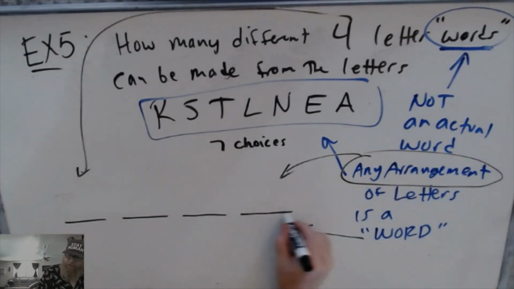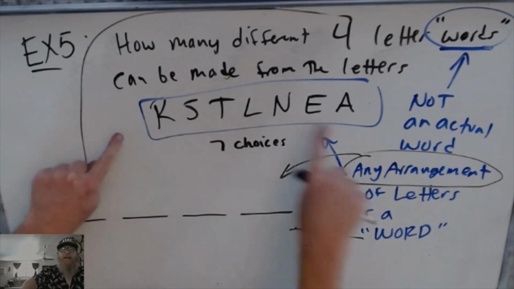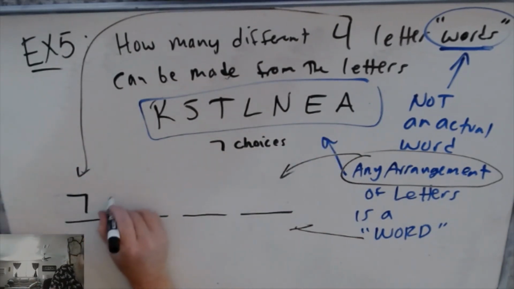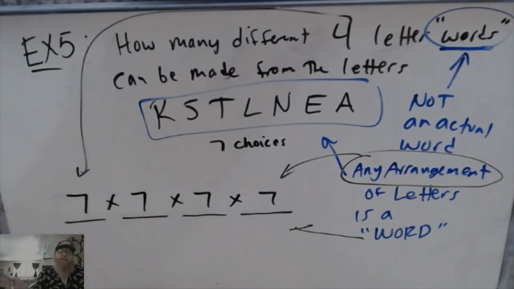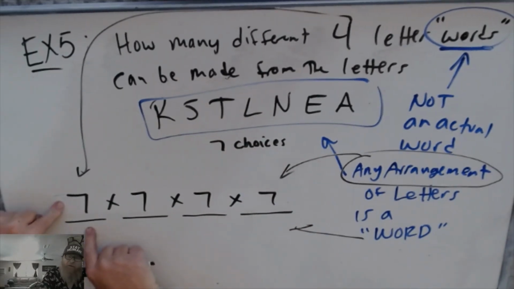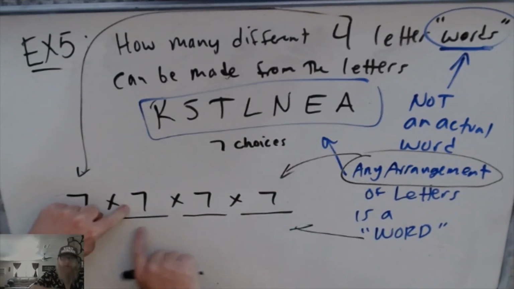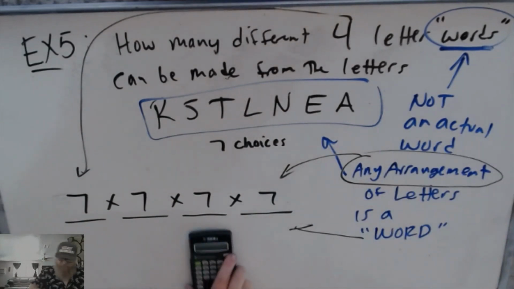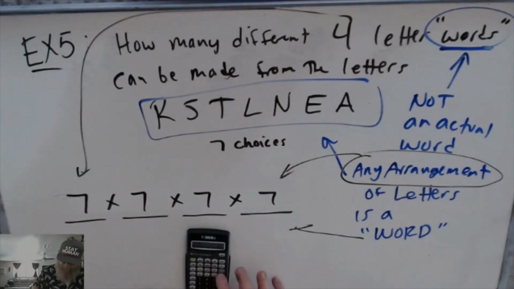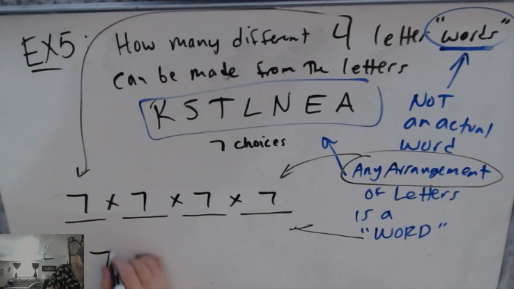So I'm making 4-letter words. I've got 7 choices, and I can repeat my choices. So I always have 7 choices every time. For the first letter, there are 7 choices. For the second letter, there are 7 choices. Okay. So 7 times 7 times 7 times 7. Or you could speed that up and just do 7 to the 4th power.